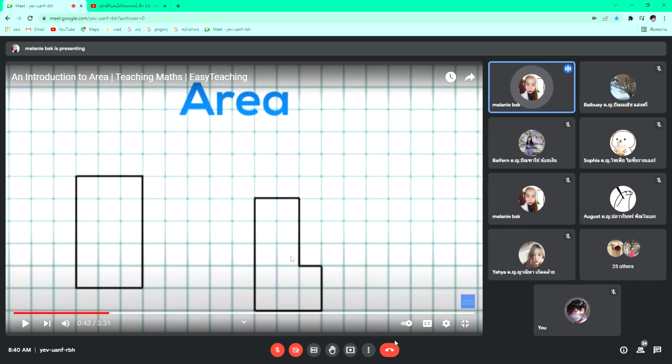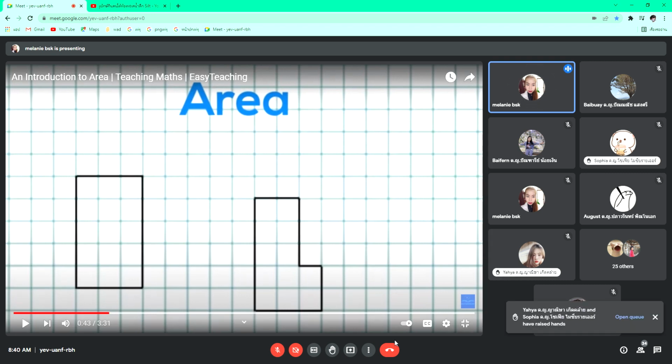How about this shape? How many for this shape? The second shape. 12.